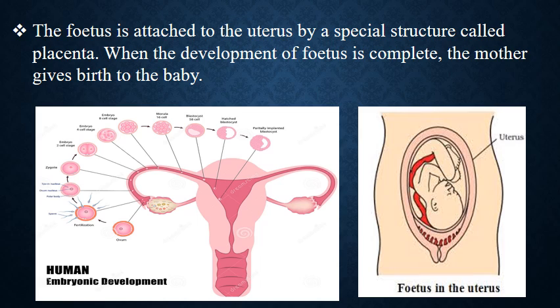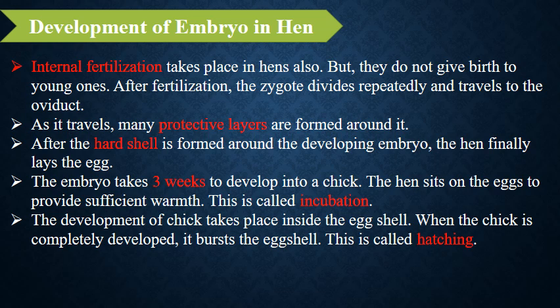And zygote further divides into hundreds of cells and makes a ball of those cells, and lastly those cells implant with the wall of uterus, and here those cells divide into different development of embryo.